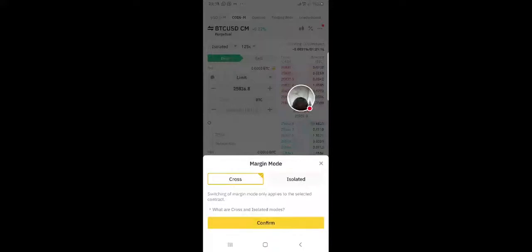The reason why you use cross is that a market may go down and suddenly pick up close to the end of the dip. Now Bitcoin can fall from like 50,000 to like 25,000 and pick up. If you are on cross and you have a lot of money, there's a probability that your trade will not liquidate, because it can fall from 50 to like 20 and then jump back up to 60.